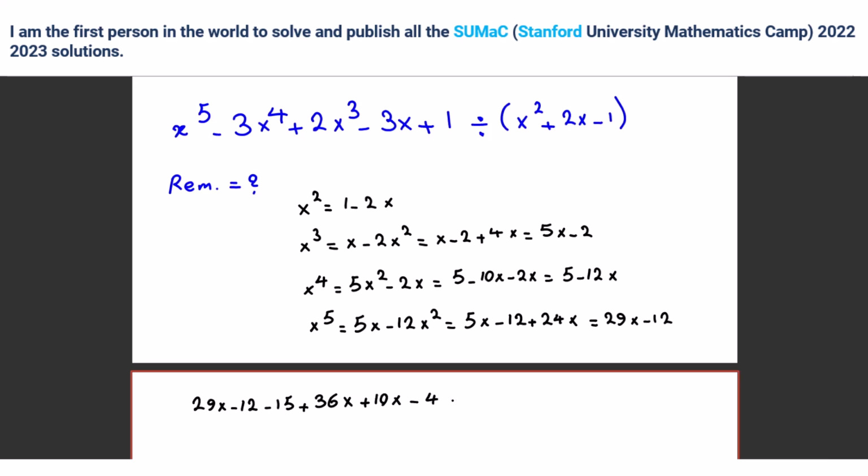Next one is minus 3x. Next one, plus 1. So if you simplify, it would be what? 29, 36, 72x. And then what?